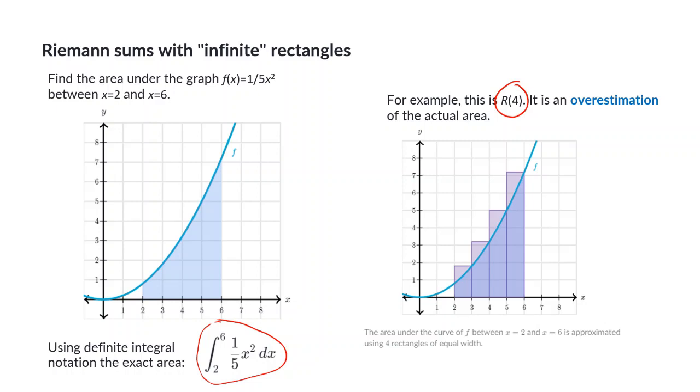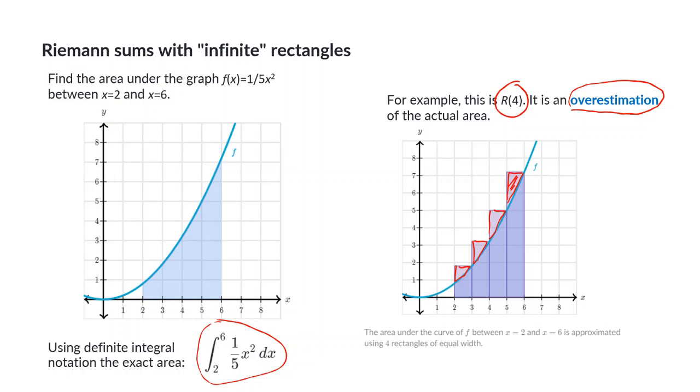Of course, from this illustration, we can see that whatever we get will overestimate, because by splitting into 4, you can see an extra area above the curve. So if you use 4 equal rectangles, you will overestimate the actual area.